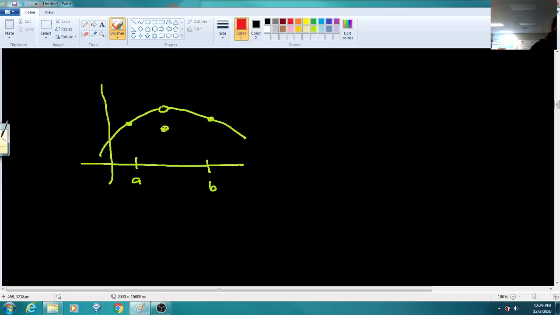I think this point over that interval, this point here, that'll be the minimum value. That'll be the smallest value obtained on the interval because A is higher than it and B is also higher than it. And all the points in between are higher than it. So that's the minimum. But the maximum would be where the point is, but the point's missing.